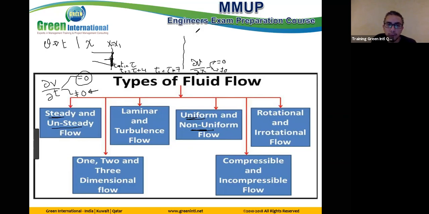For example, for this one, the velocity here at x1, but here x2, here x3. Now we study at time equal what? Time t1 and time t2 and time t3? No, the time should be fixed. It means I study these 3 positions at time t1.